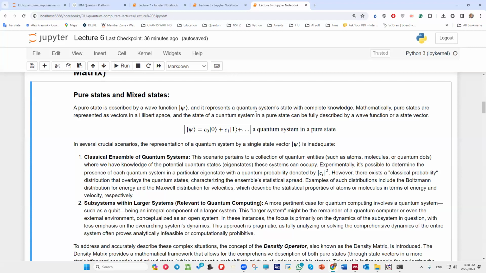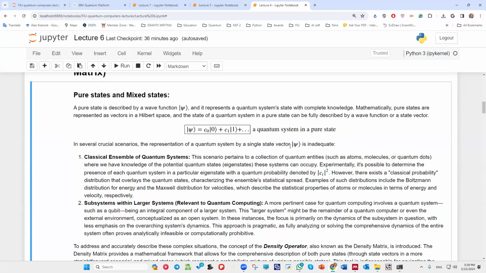However, there is a large class of quantum systems that cannot be represented in this way. We call this state a pure state.